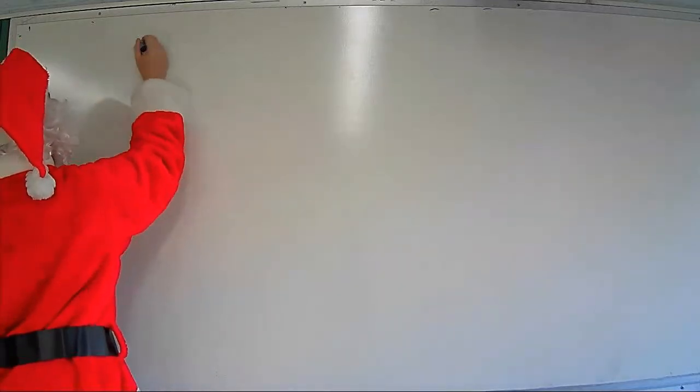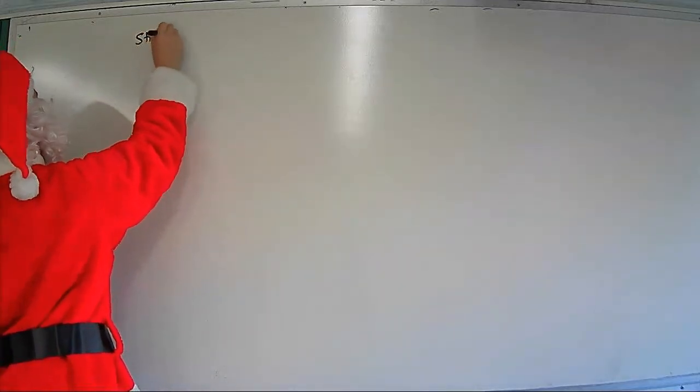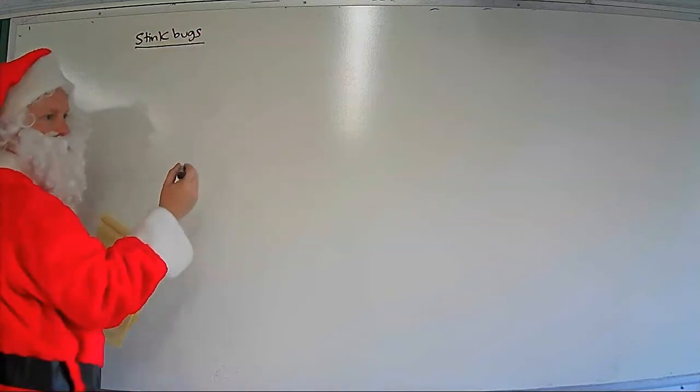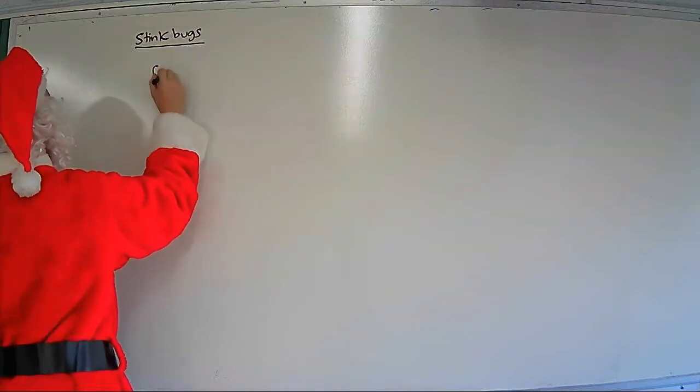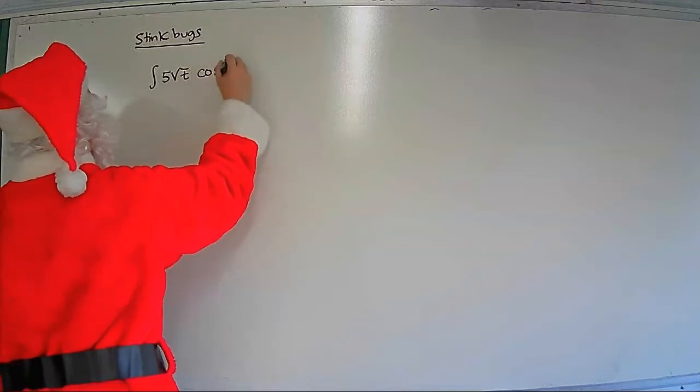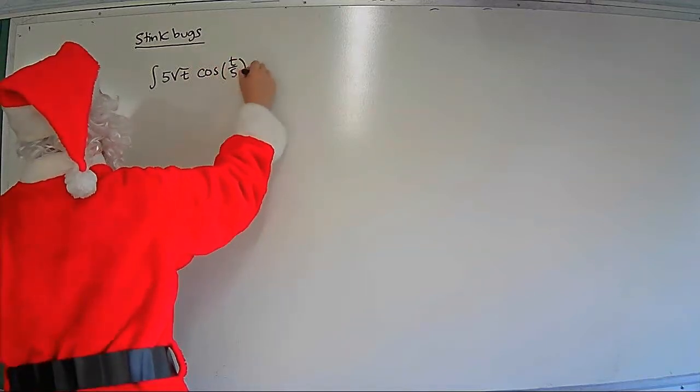So I think the stink bug formula, which is the most recent one, the function that we did was 5 radical t cosine of t over 5.